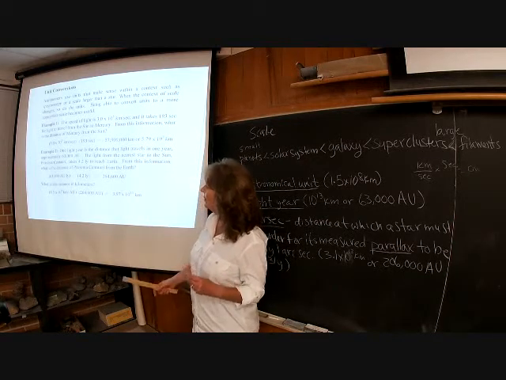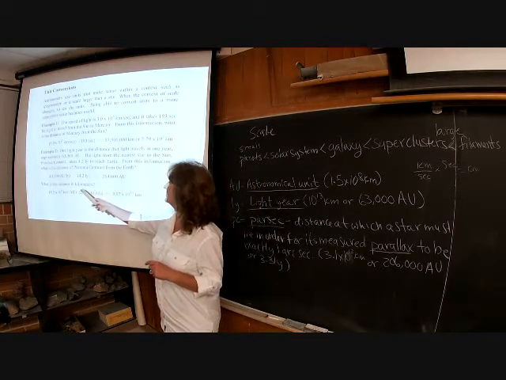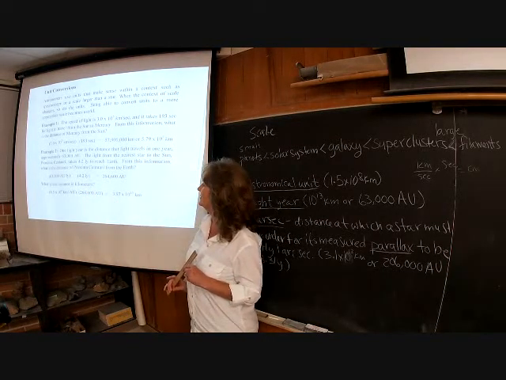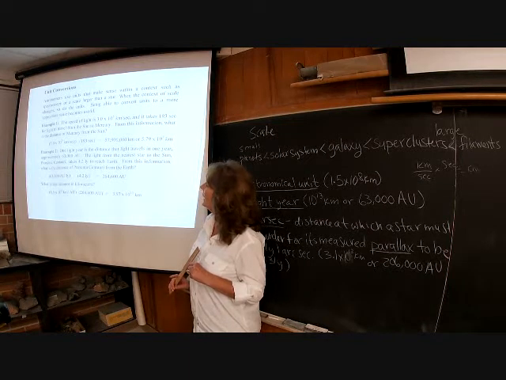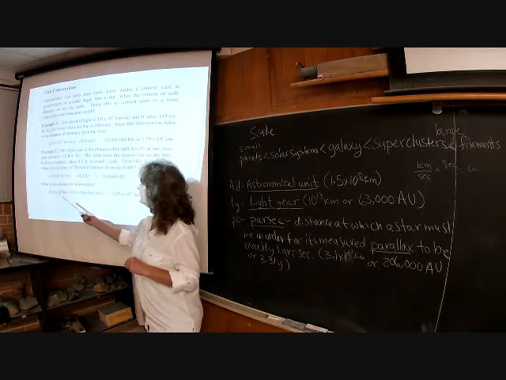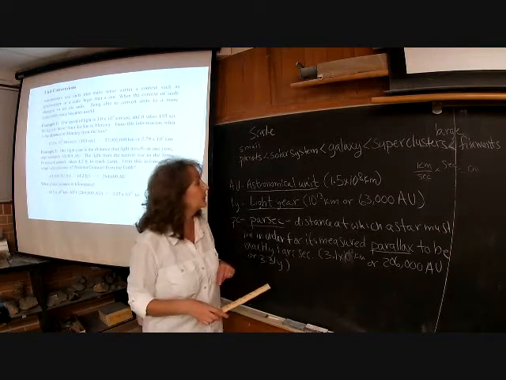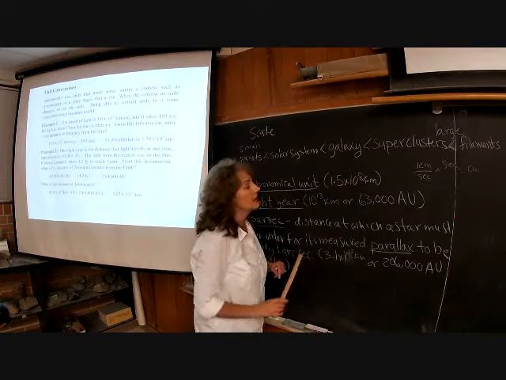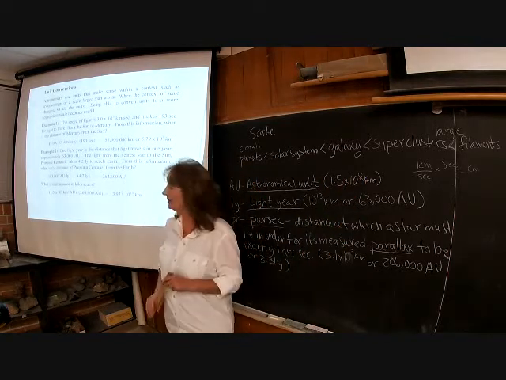Okay. But now, what if we wanted that distance in kilometers? It's going to be a very cumbersome number, but we're going to have it in scientific notation. So for that one, we needed the 1.5 times 10 to the 8th kilometers per AU.